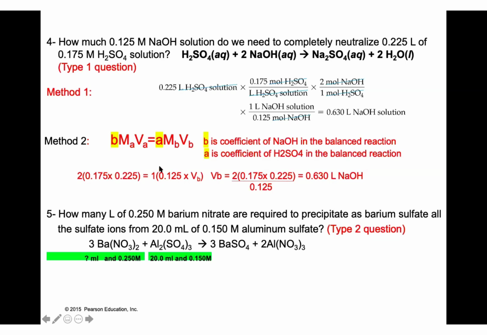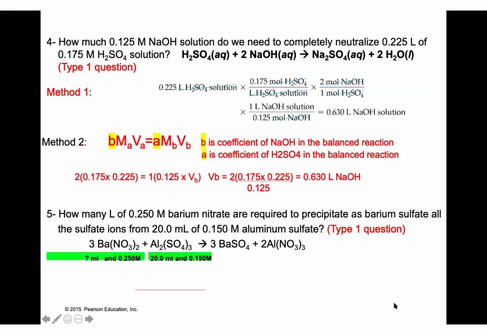Then I know that the molarity of the base is 0.125 and we need to solve for the volume. So I'm going to put 1 here because the coefficient of the acid is 1. And when I do the calculation, that would be 0.630 liter. So it would be the same as this one, guys. So you can also use this method to check your answer, basically. You know what I mean?